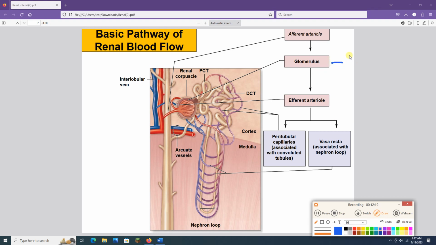So this glomerulus is a ball of capillaries, and this ball of capillaries is super important. It is the place where we are going to filter the blood. It is where we are going to do blood filtration.